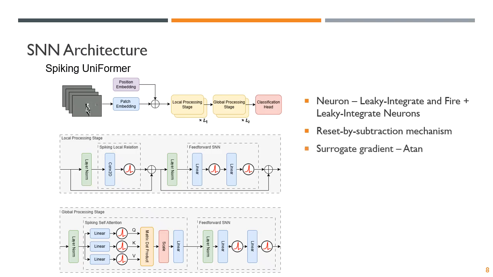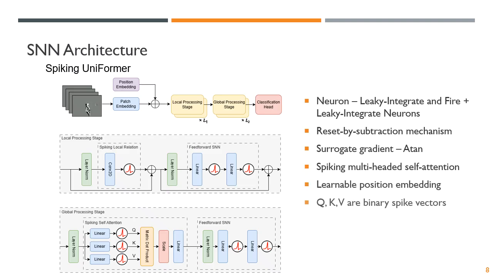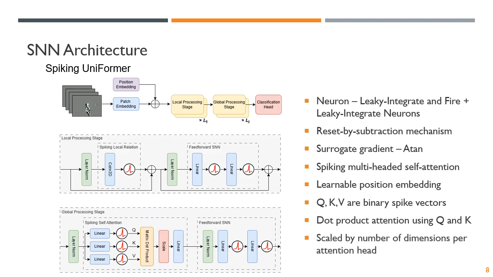It also uses a reset by subtraction mechanism as well as a surrogate gradient function of ATAN. Spiking multi-head self-attention was implemented along with learnable position embeddings and a convolutional layer for processing images.